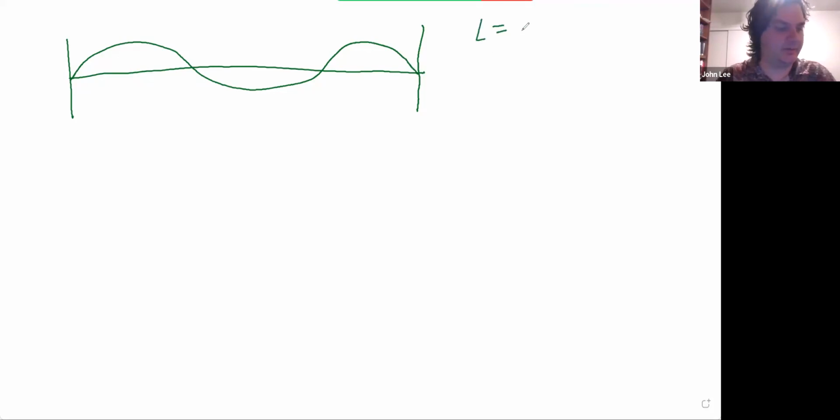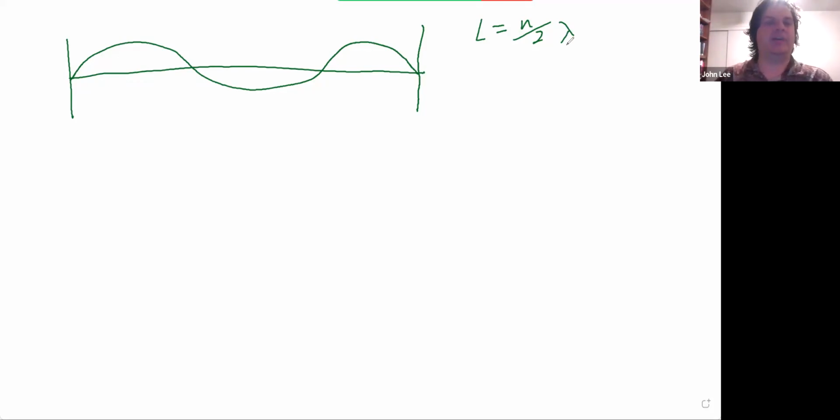I'm just going to go as far as the book does and say that if you have a wavelength where this is a length L, and length is equal to n over 2 times the wavelength, then this is going to be a wave which is bound and allowed by the sides.